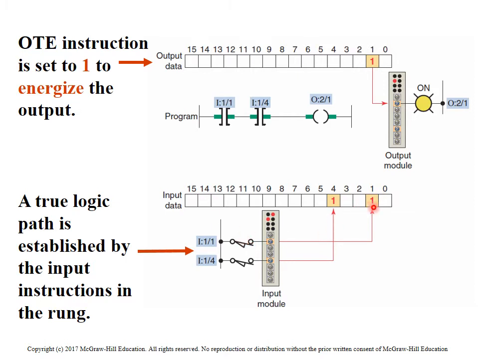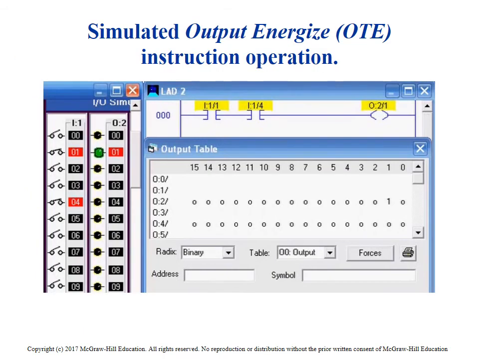We've got 1, 1 and 1, 4 turning on down here. So when 1, 1 and 1, 4 are both on, output 2, 1 turns on.